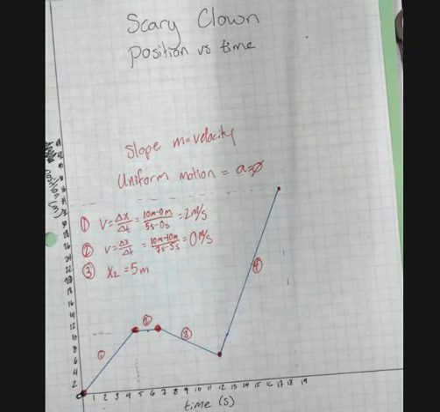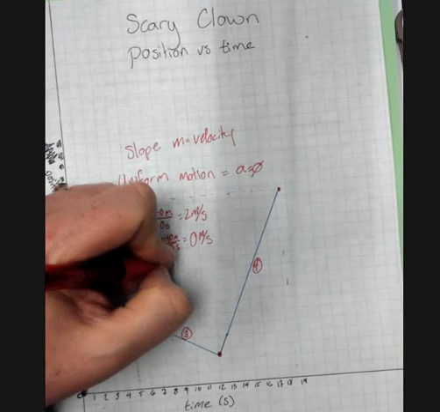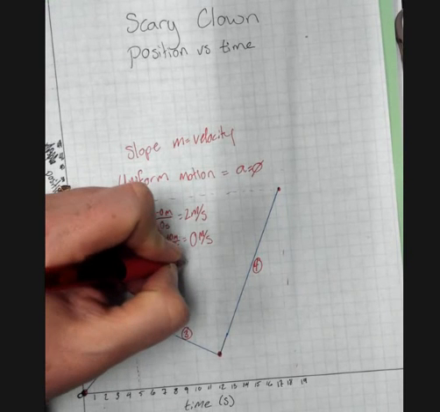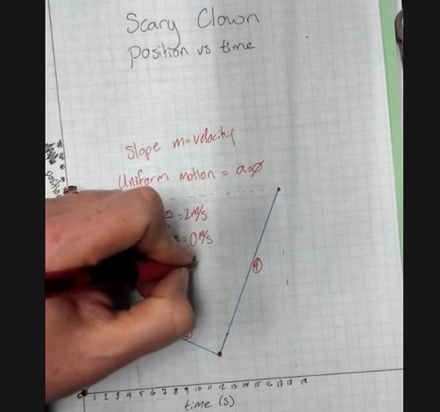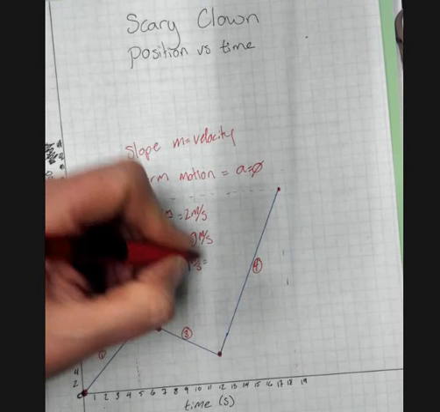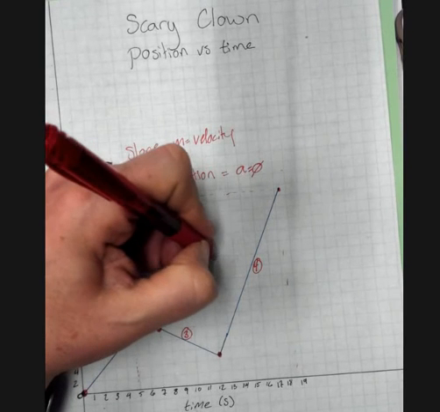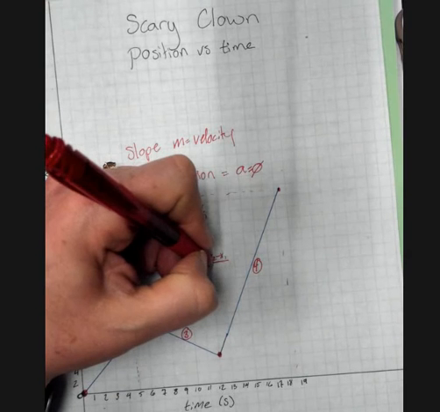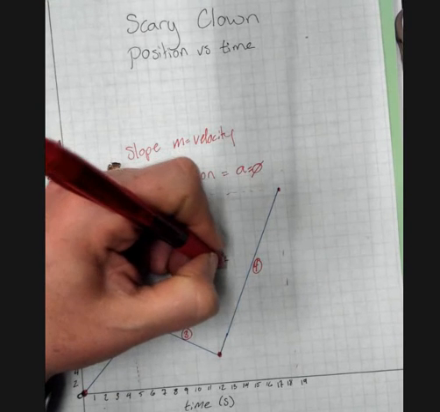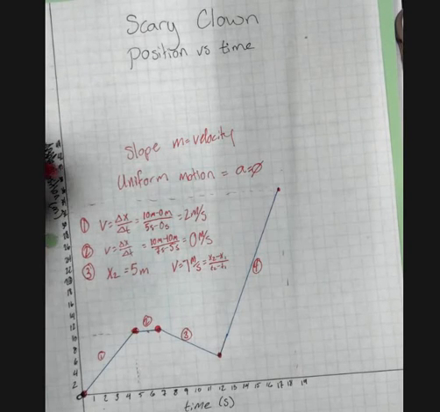The time it took him, well, we knew the velocity equaled 1 meter per second, and it was in the negative direction, and that's going to be x2 minus x1 over t2 minus t1. We know that his final position is 5 meters.